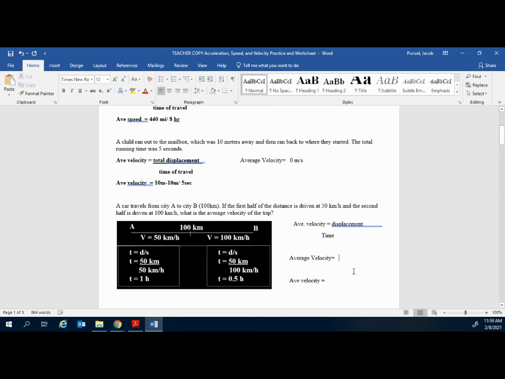So in our equation, it is going to be 100 kilometers divided by 1.5 hours. Then we would divide those two things to get our final answer. I'll let you guys do that one on your own, but this is where we would start.